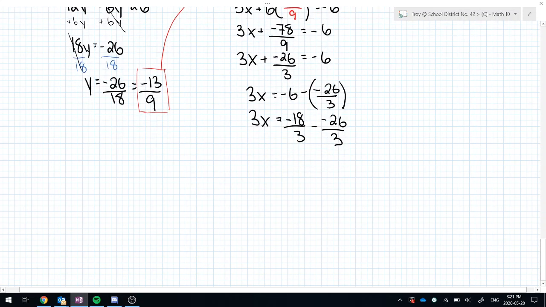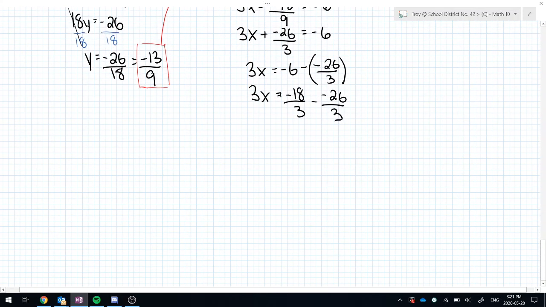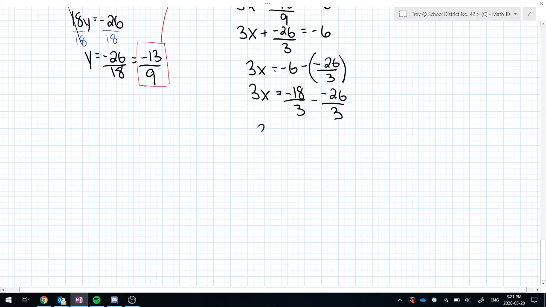Oh man. Madness, I tell you. Tough question. Alright, so negative 18 minus negative 26, which is the same thing as saying negative 18 plus 26. That gives you 8 over 3. And then all we gotta do is divide both sides by 3.